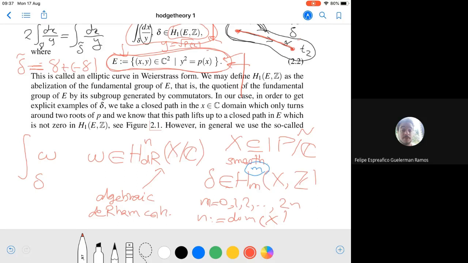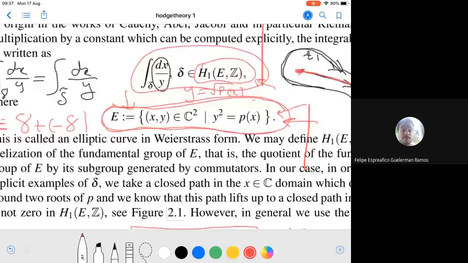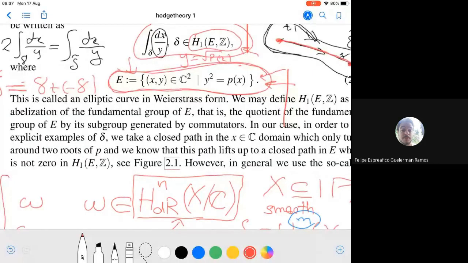It was an observation by Atiyah-Hodge and by Grothendieck that you don't really need the category of all C-infinity functions on X. You really need just the category of polynomial differential forms. You already see that in our example, dx over y, we have not used any C-infinity form.